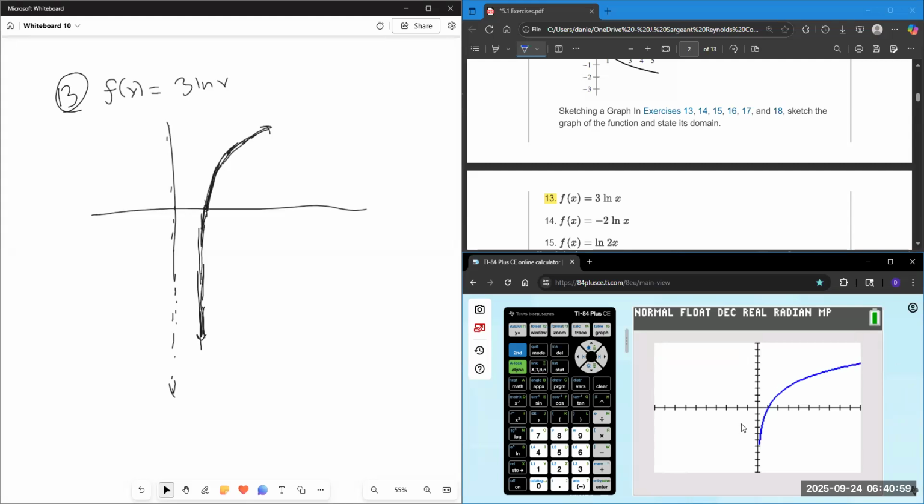Okay, and it's starting to turn and level out a bit, but it's still taking a lot longer to level out than the original function did. And this is still going down and to the left here.